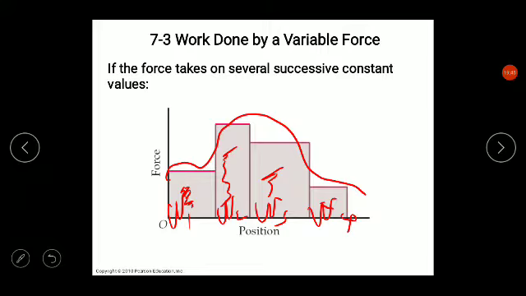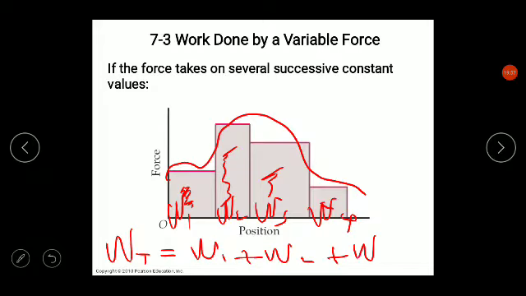Then all you have to do is take the total work to be work 1 plus work 2 plus work 3 plus work 4. If the work done on the system is negative, of course it becomes negative.